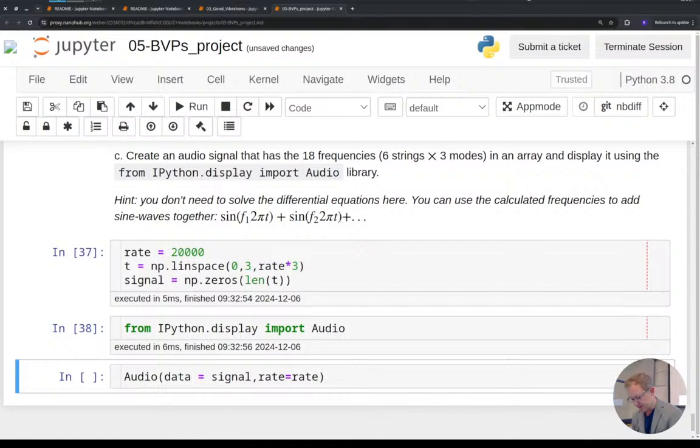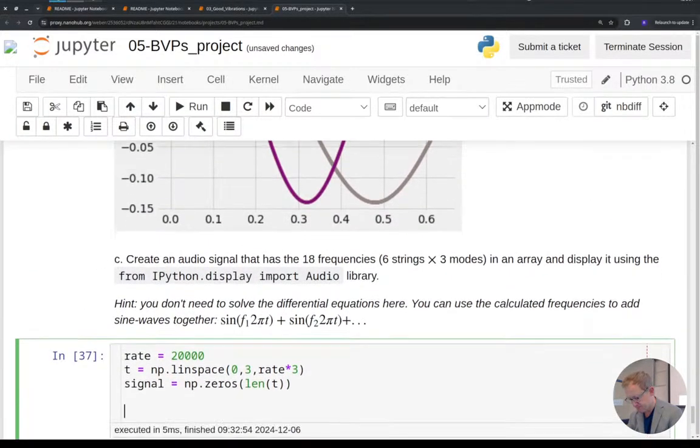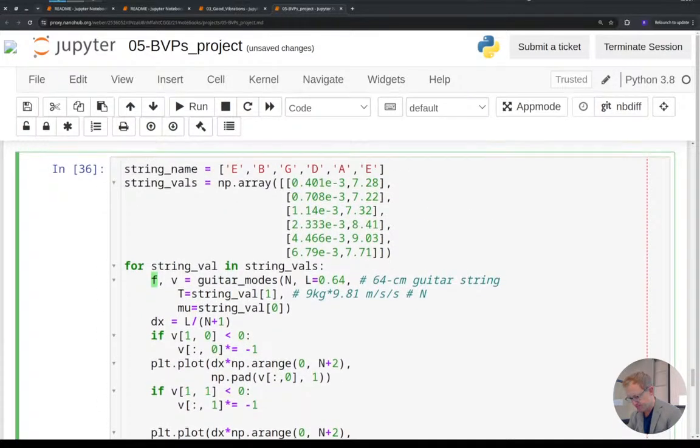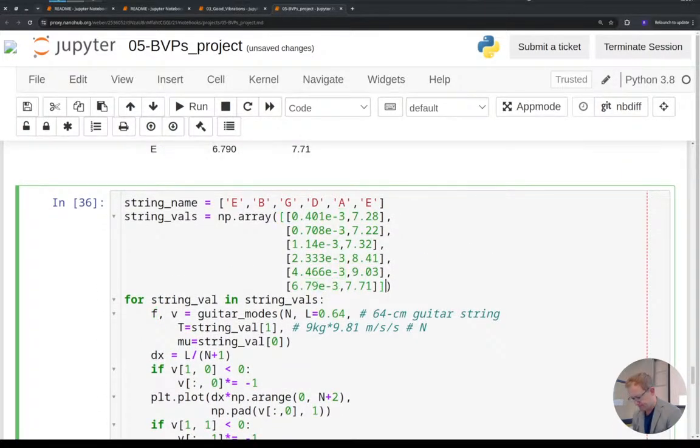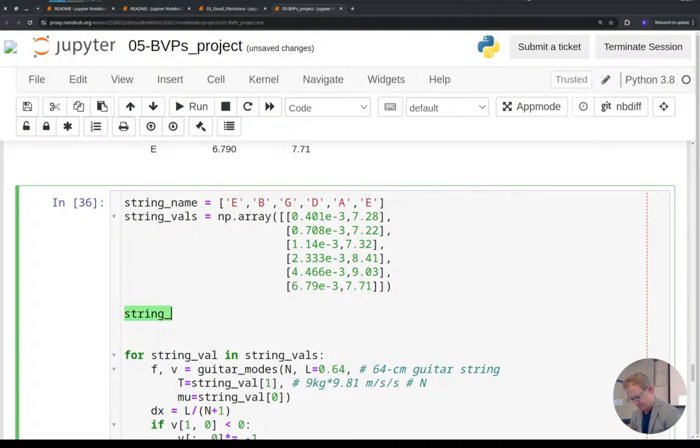All right, so can we listen to this? Let's save those frequencies as string notes. We want 6 strings and 3 notes each.